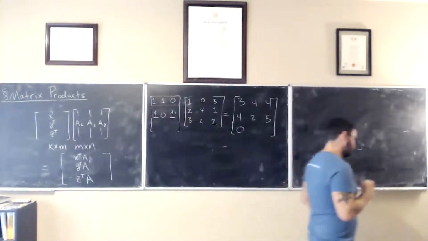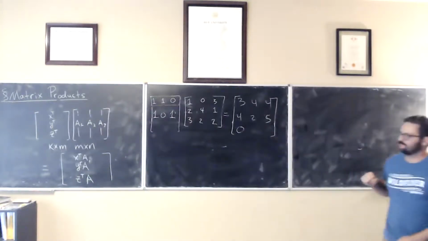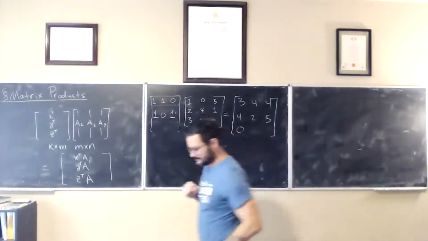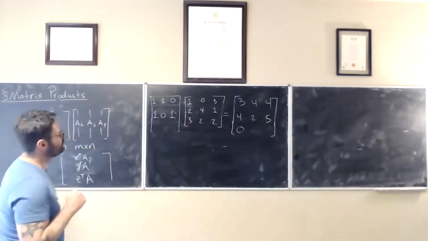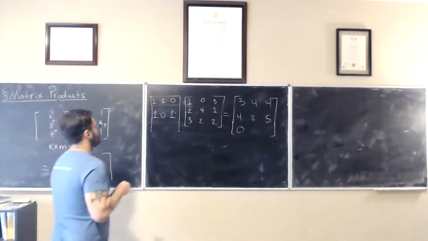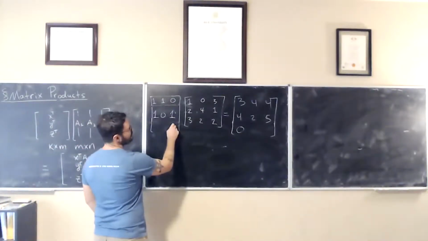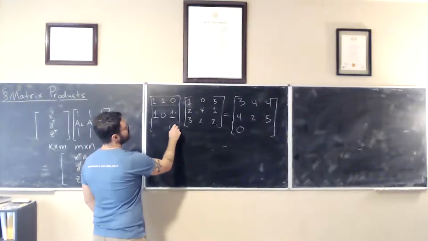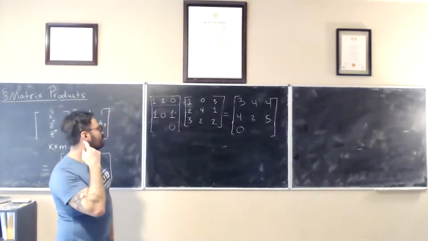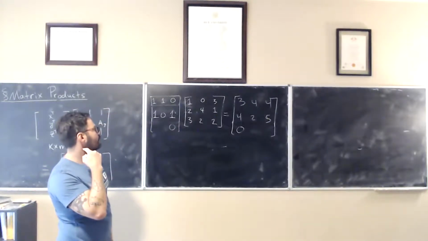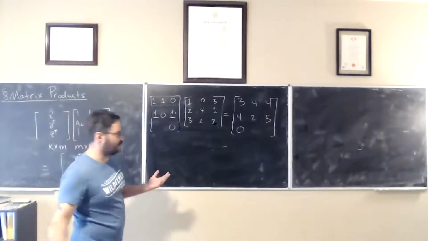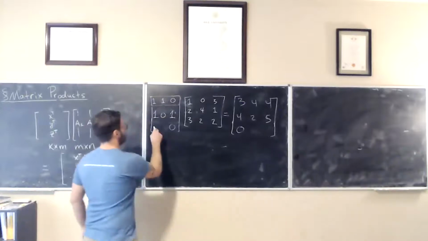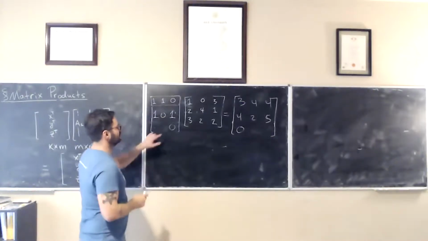Come on, I hope someone gets it. Would you put a 0 in the last entry of the first matrix? So 0 right here? Yeah. So why would you put a 0 right there? Because that's picking the third row of the matrix and zeroing it out. But what if these are non-zero numbers right here?